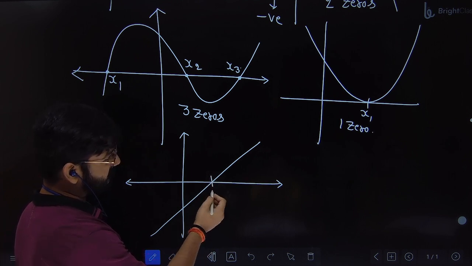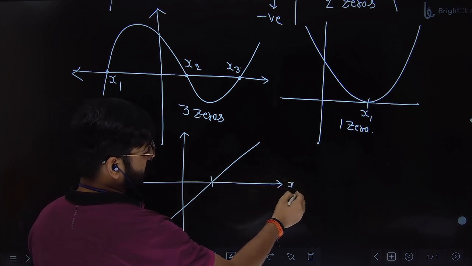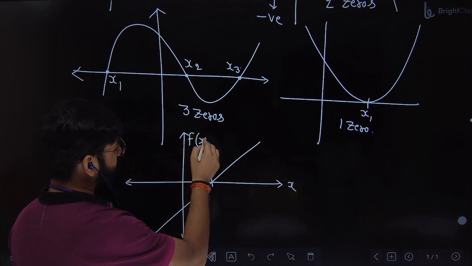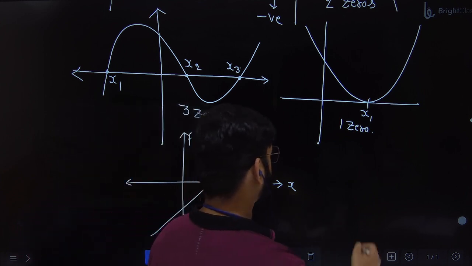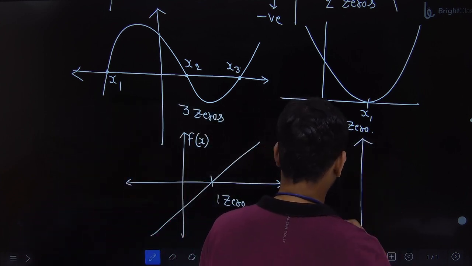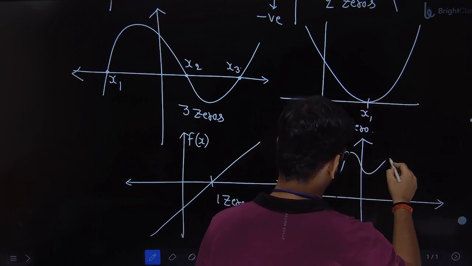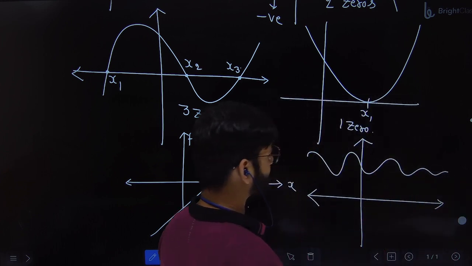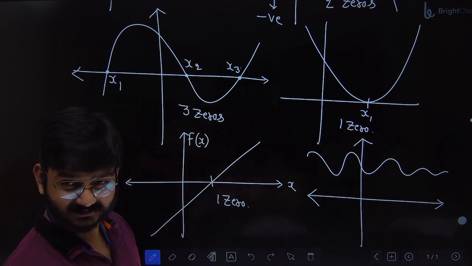Only one point of intersection with the x-axis. No zeros.